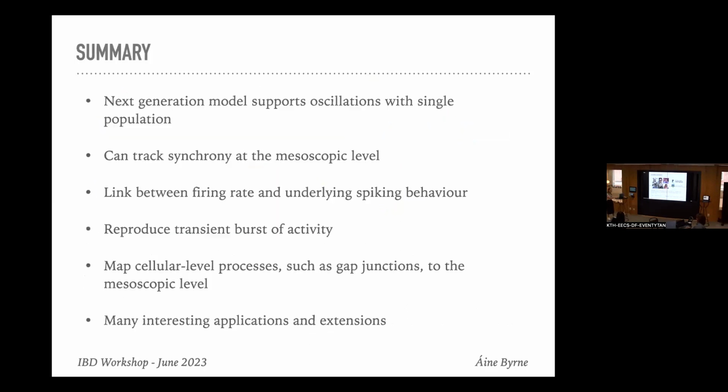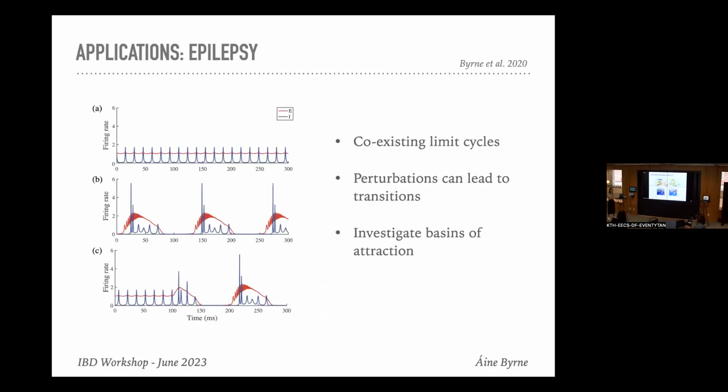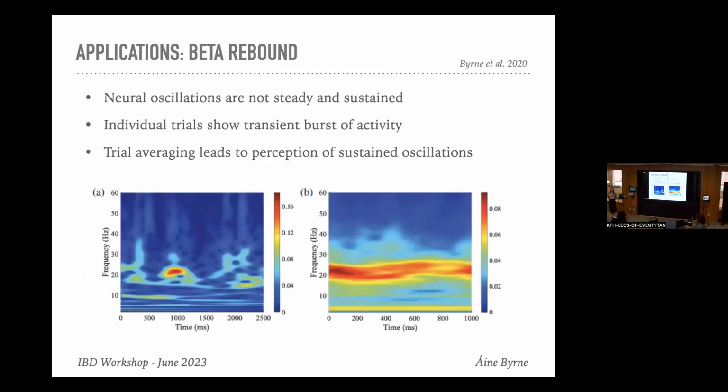So in the beta burst work, we were using noise. I think it was pink noise. I can't actually remember. A lot of the noise work was done by James, but it was putting noise in again at the mean field level.